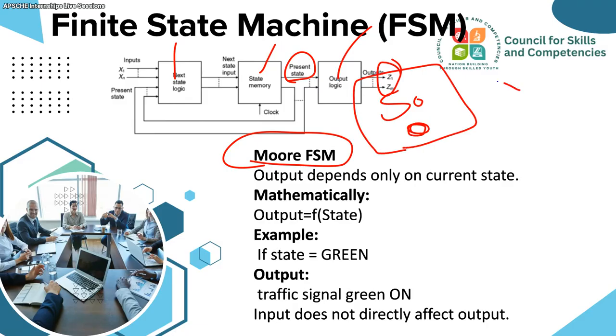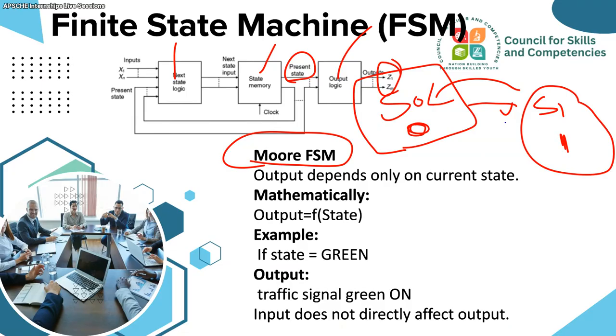Whenever the state machine comes to this S0 state, the output is 0 only. Suppose it moves to S1, and we keep the output as 1; whenever the machine comes to this state, the output is 1, however the input might be. Depending on the input, it might change the state or whatever.